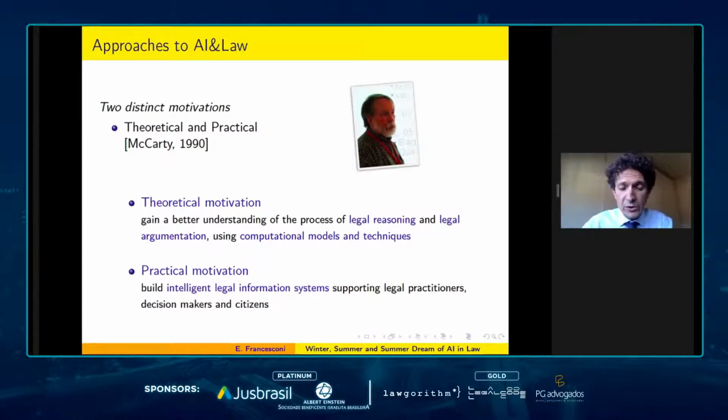The theoretical motivation aims to gain a better understanding of the process of legal reasoning and legal argumentation using computational models and techniques. And the practical motivation aims to build intelligent legal information systems supporting legal practitioners, decision makers, and citizens.